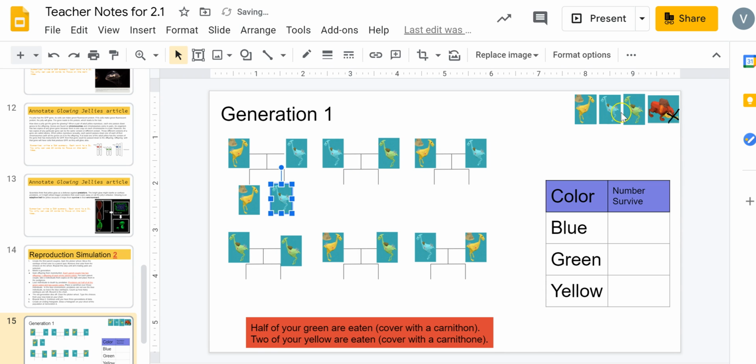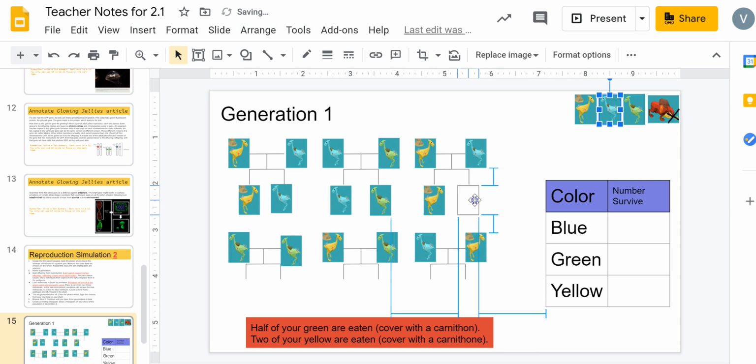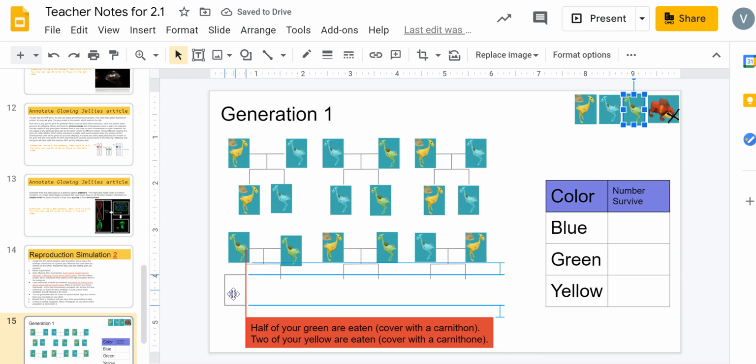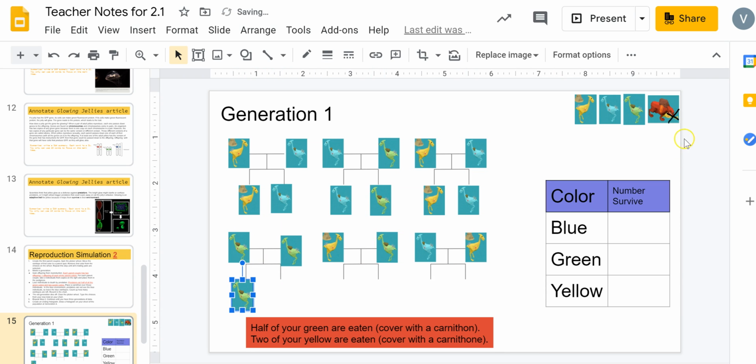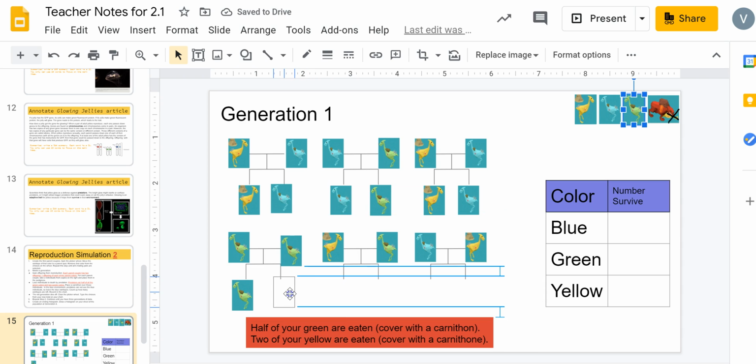This one's blue and green, so I'm going to have a blue child and a green child. So this is a mating of a yellow and a blue. I'm going to have a yellow and I'm going to have a blue. I have a green and a green, so I'm going to bring over a green child and a green child.